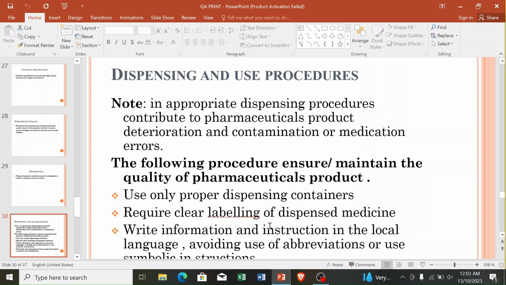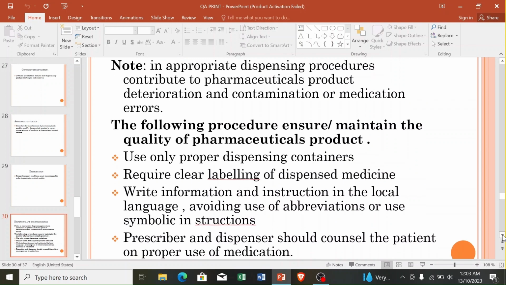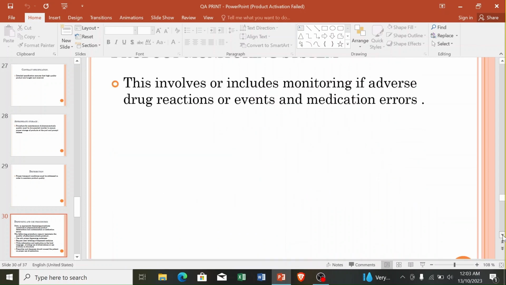Require clear labeling of your dispensing medicine while dispensing, and write information and instructions in the local language for those who may not understand English. Avoid use of abbreviations or symbols as you are giving instructions to your patients. Okay, prescribers and dispensers should counsel the patient on proper use of medication.